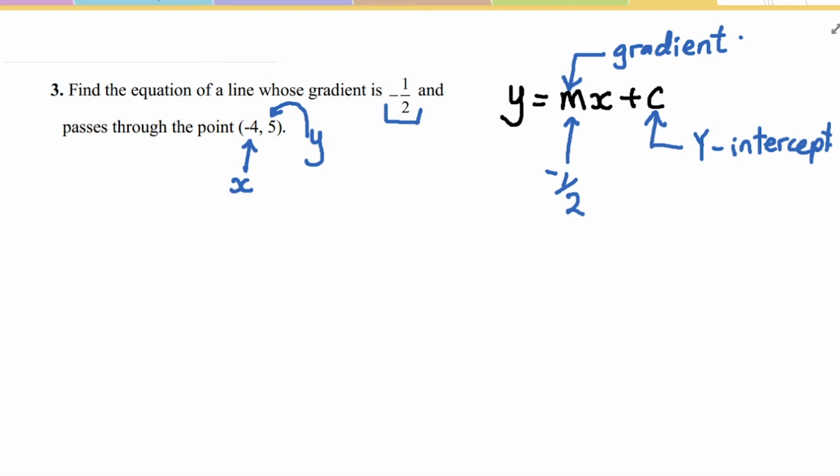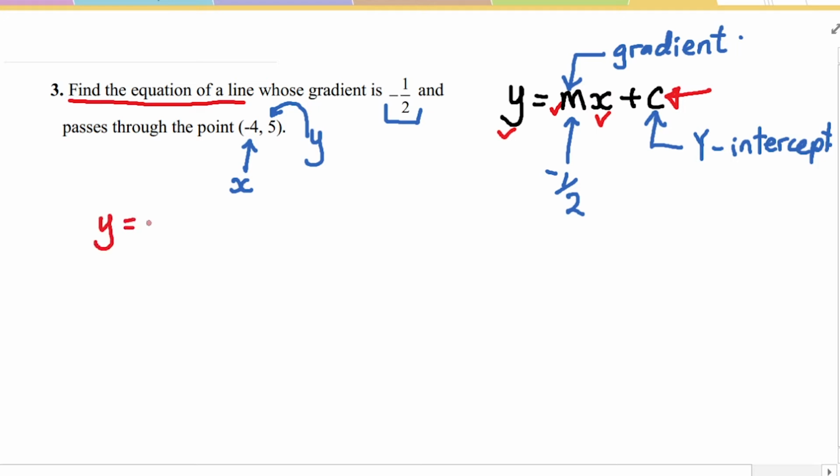So we have a value for y, a value for x, and a value for m, which is the gradient, and all we need to find is the y-intercept. After finding the y-intercept, we can reformulate the equation, because they want us to find the equation of the line. So let's get started.